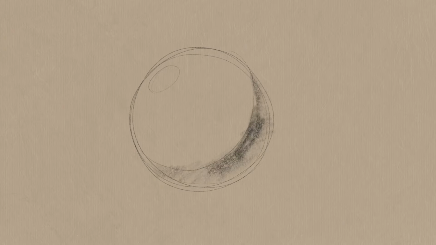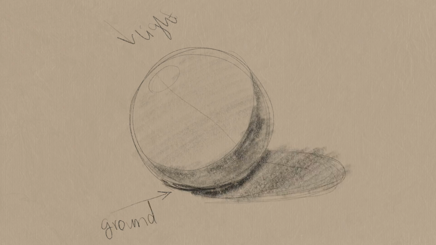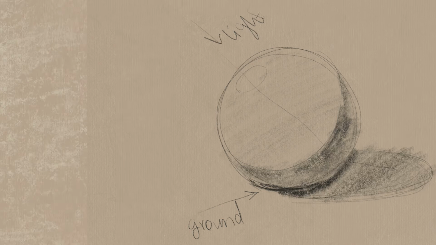So now you've drawn your object and you want to have a shadow that is casted by the object onto the surface. Don't forget to mark the ground, which would probably be the darkest place on your drawing, and then kind of copy the shape of the object onto the shadow.